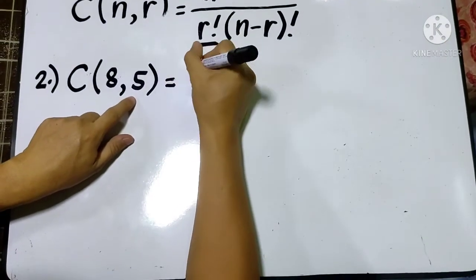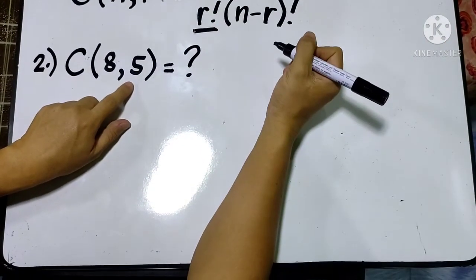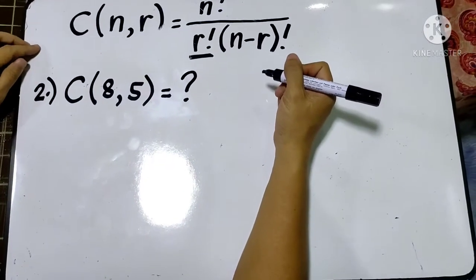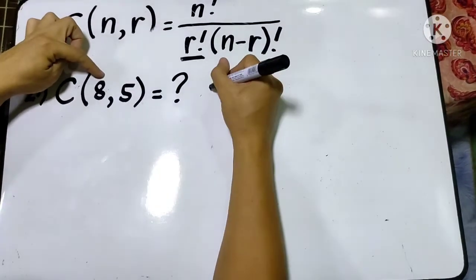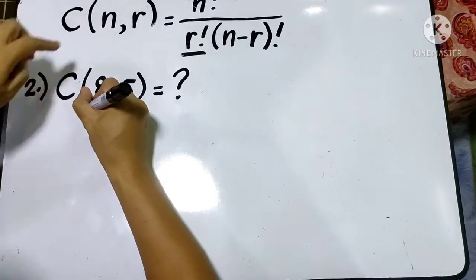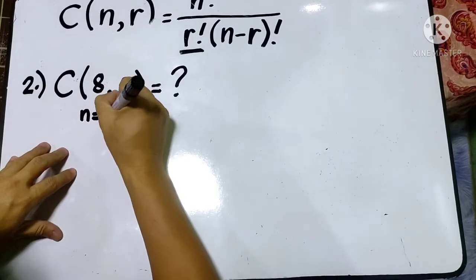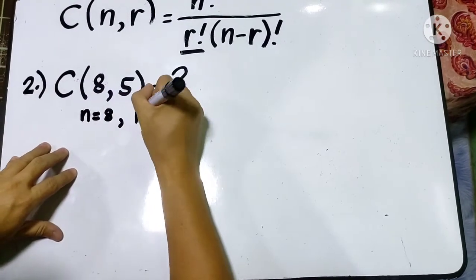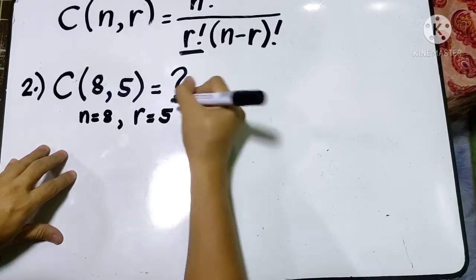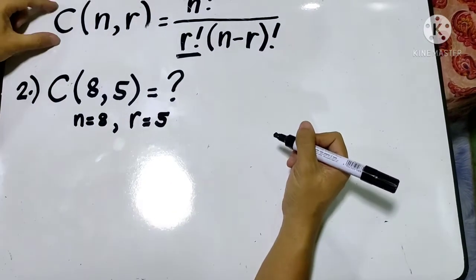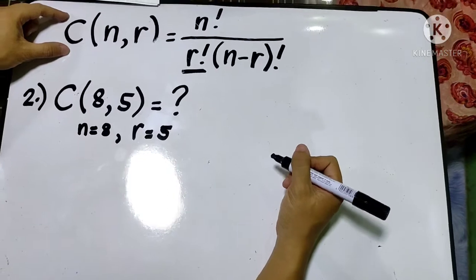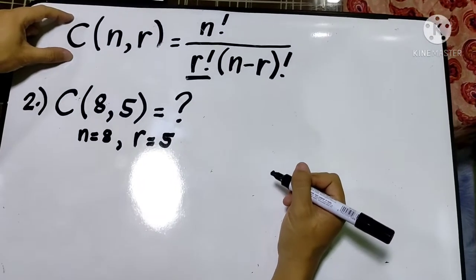Now, let's say you're given the combination of 8 taken 5. What is the value of the combination? So, what is our value of n here? Our n is 8. Our r is 5. To solve for the value of the combination, we will be using the formula.